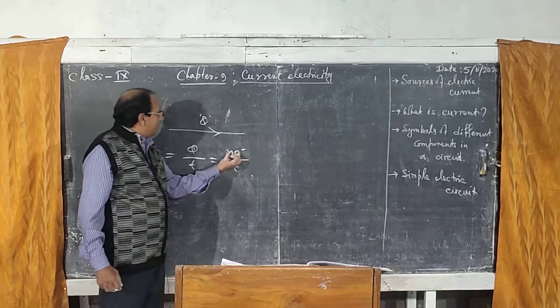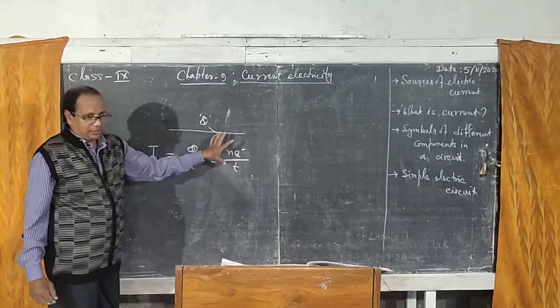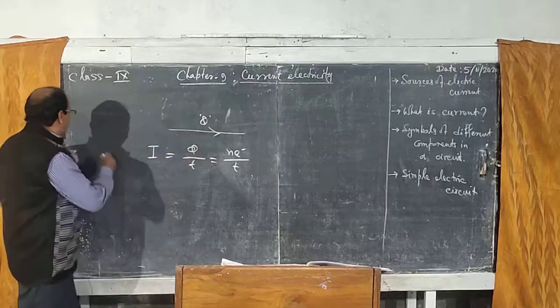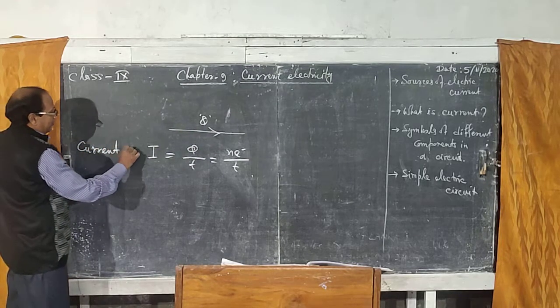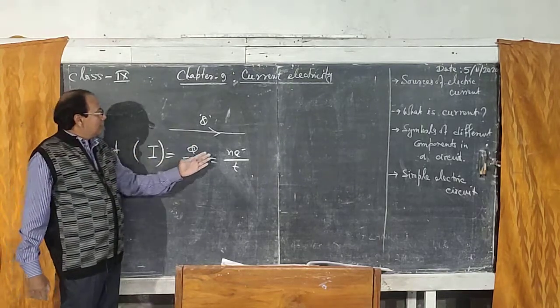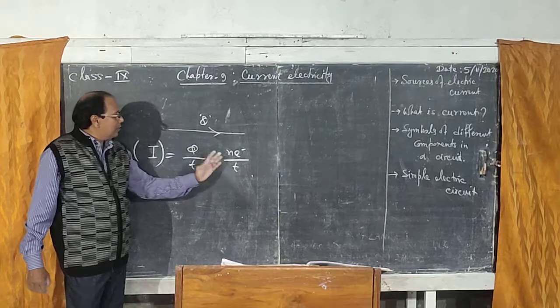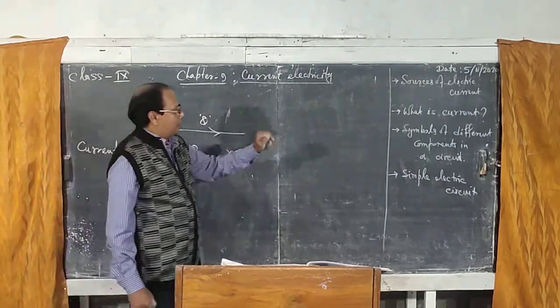If you divide by time, it is the rate of flow of charge, and the rate of flow of charge is called current. So ultimately we got current I equal to Q by T, Ne minus by T, meaning current is the rate of flow of charge.